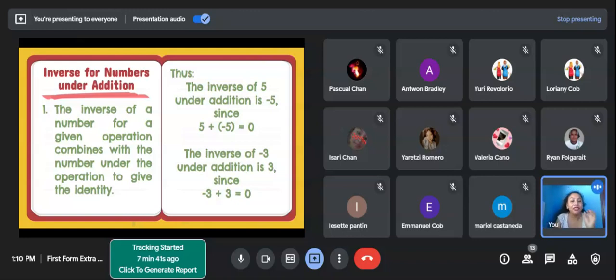If I tell you, give me the inverse for negative 3, you are going to give me positive 3, because they are the opposite. And because they are the opposite, when I add them, they give me 0. So 5 plus negative 5 gives you 0. Negative 3 plus positive 3 gives you 0.